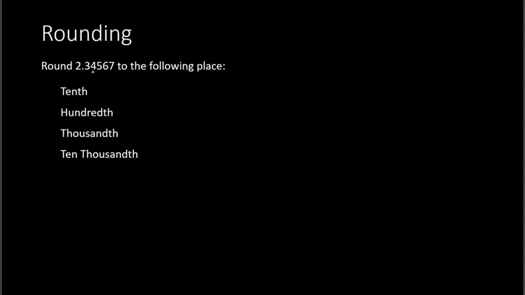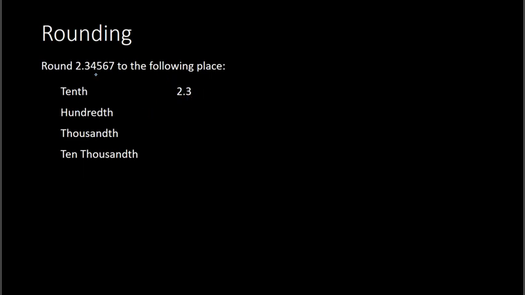So I look at the 4 to make sure if I'm going to round up or down. So the 4 is closer to 0 than to 10, so I'm going to round down, which means the 3 would stay the same. Alright, so it's going to be 2.3 followed by a bunch of zeros, and you don't need to write all the zeros at the end of a decimal. So this would be 2.3.